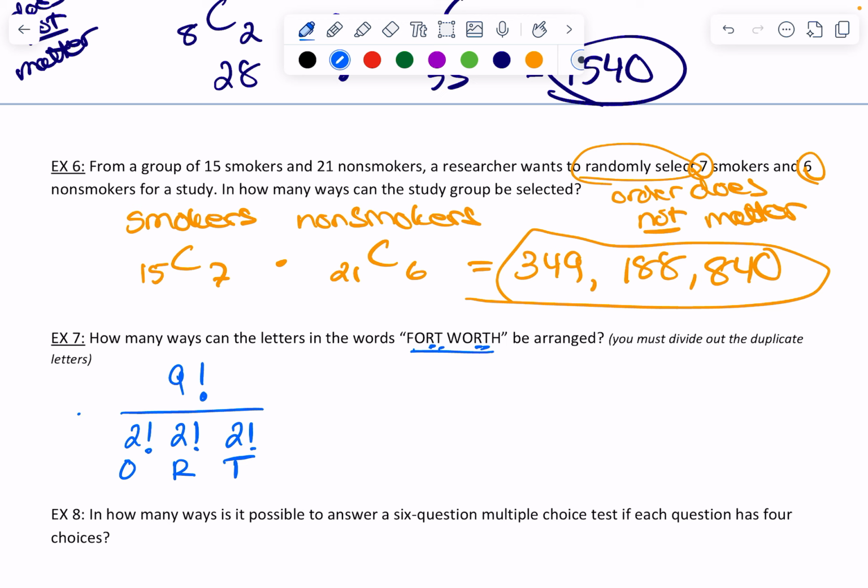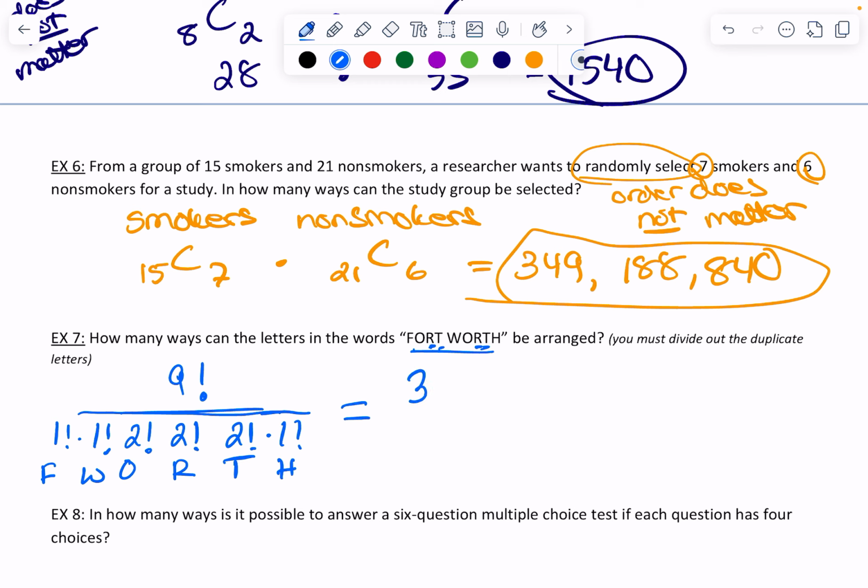We could put those on here as well, saying 1 factorial for F, and then W goes down here, 1 factorial, and H would be 1 factorial again. But again, the 1 factorial is 1, so it really doesn't matter. It's not going to change the values.